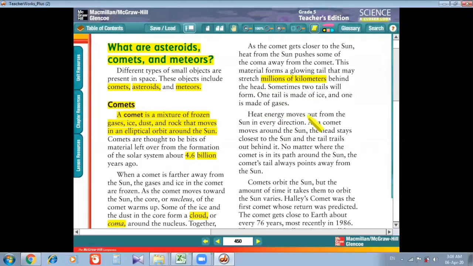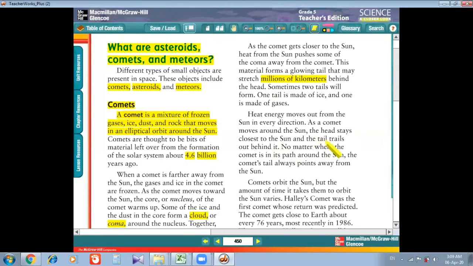Heat energy moves out from the sun in every direction. This we know, that heat energy comes out in every direction from the sun. As a comet moves around the sun, the head stays closest to the sun and the tail trails out behind it. The head of the comet stays closest to the sun, but the tail moves away from the sun.